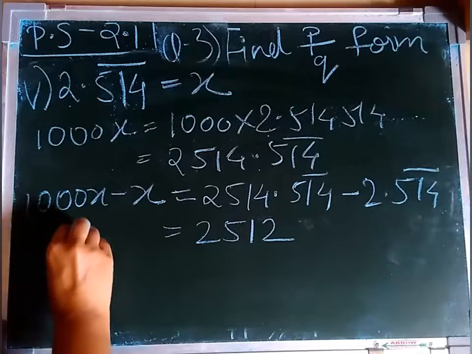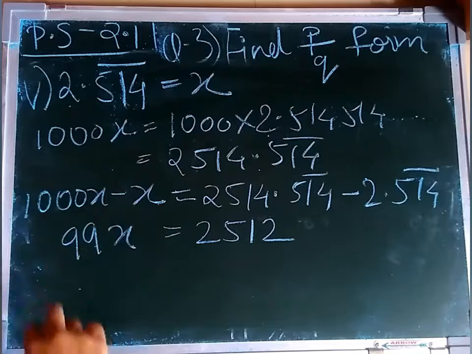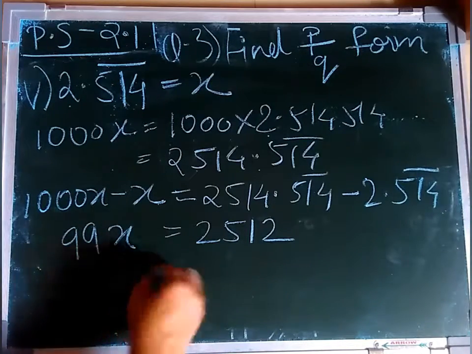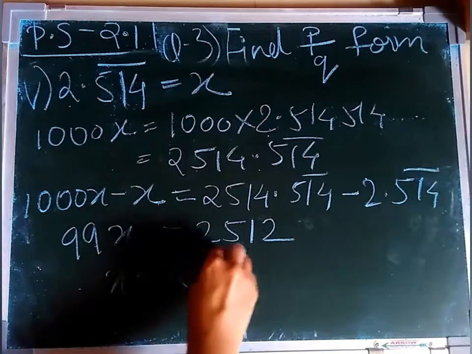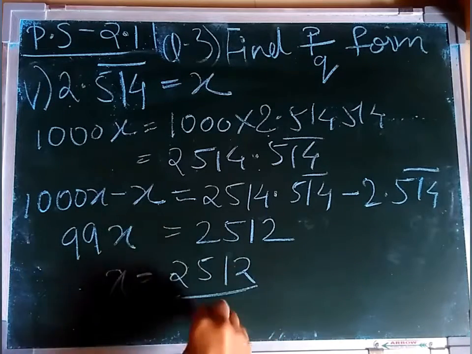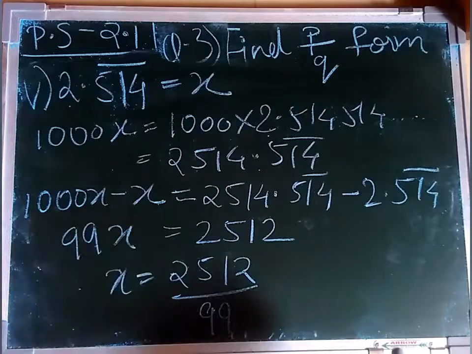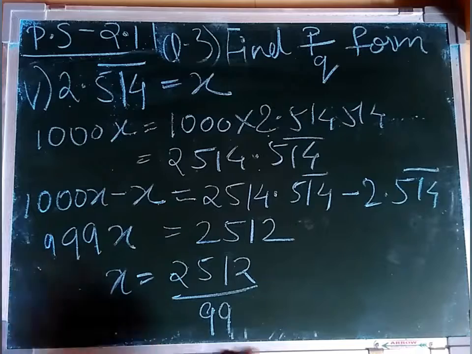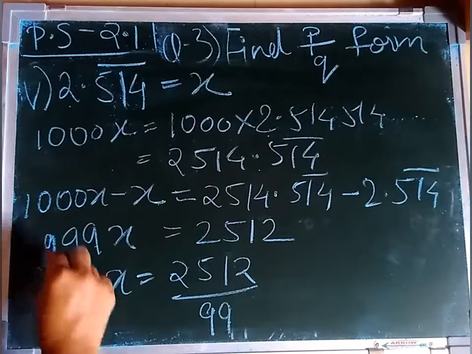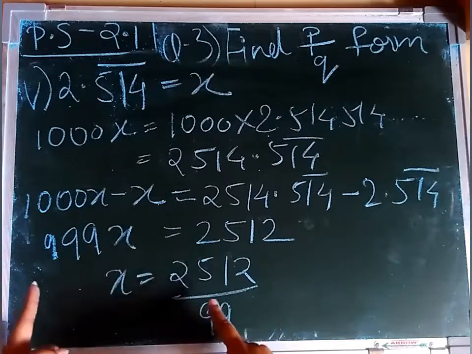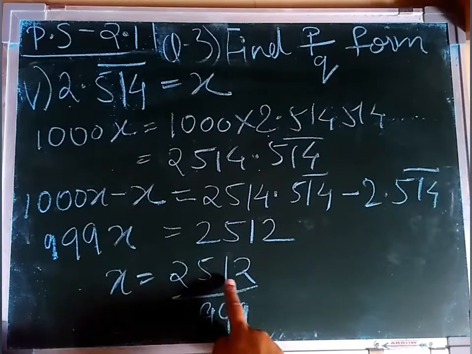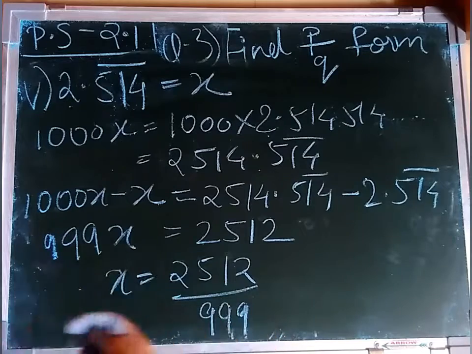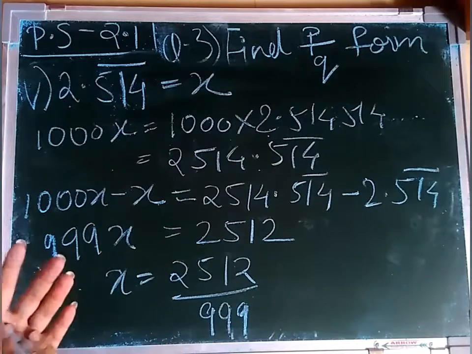Okay, so 1000 minus 1 is 99x, 99x is equal to 2512. Oh, I'm sorry, 1000x minus x is 999x, not 99x, I'm sorry. Three nines. So x is 2512 upon 999. Okay, done. So this was the final question of practice set 2.1.